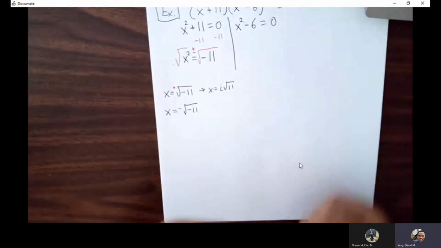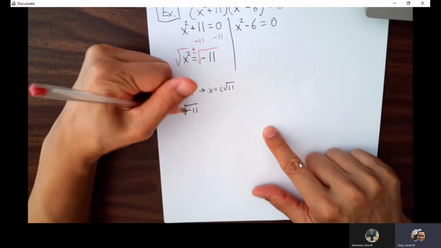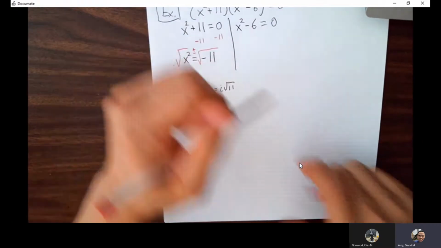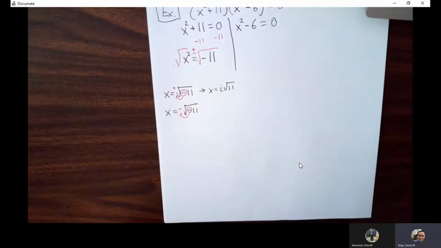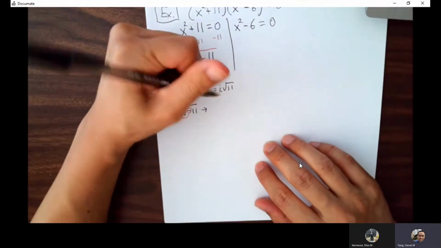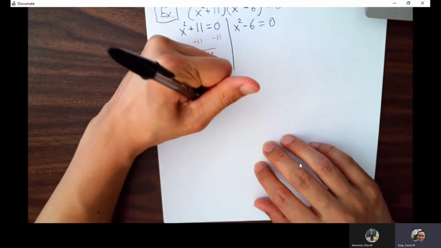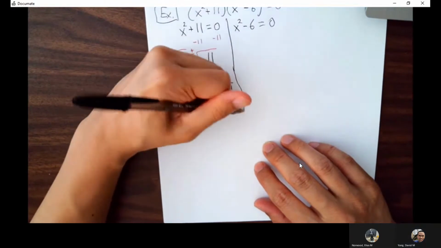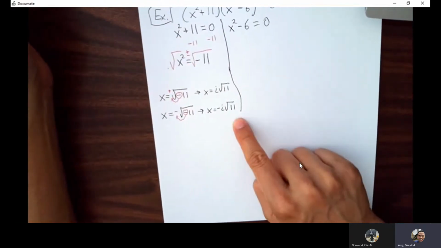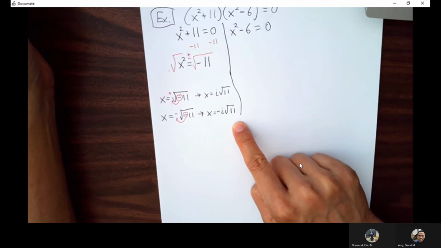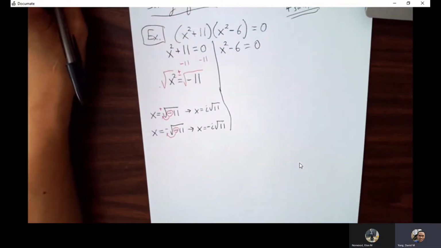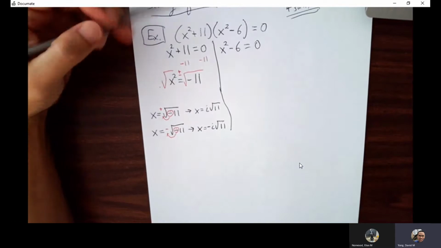So basically we're transforming this negative into something that tells us it's an imaginary number. Okay. Does that make sense? Yep. Okay. How about this one?